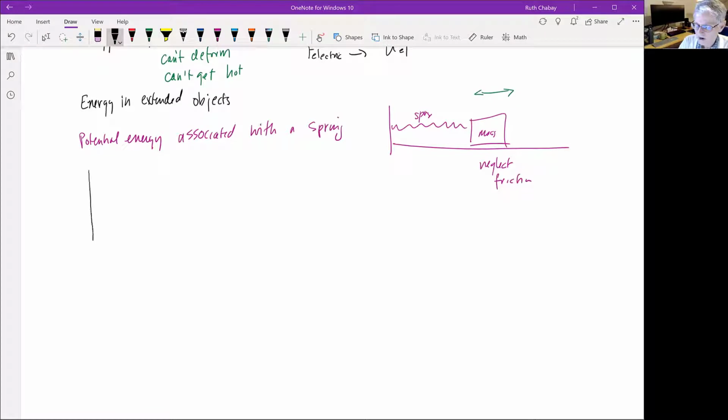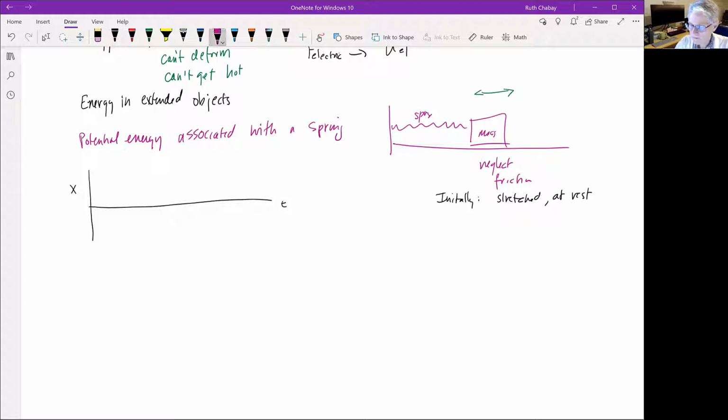Let's see if we could graph its displacement versus time. So we're going to start it out initially stretched and release it from rest.